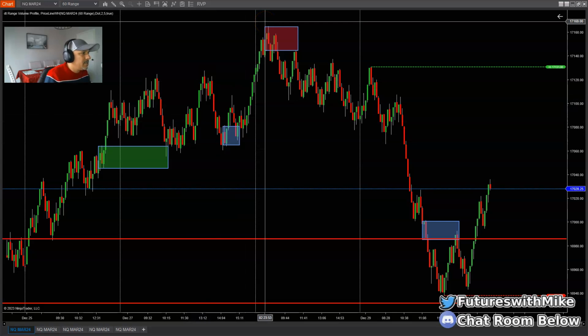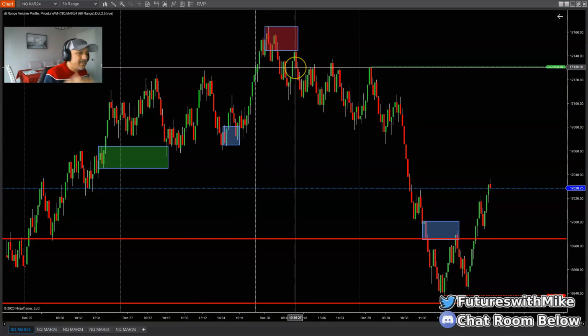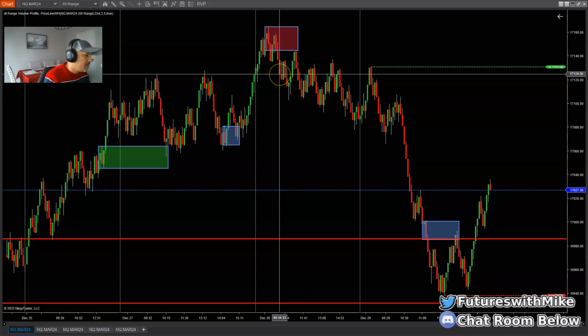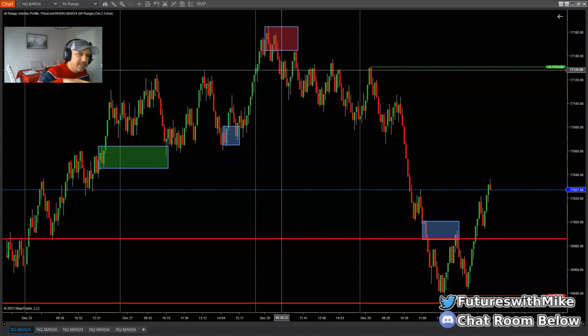So we want to see the market start to take structure out back to the downside, and that definitely lets us know that the trend is starting to turn to the downside, or it could be to the upside.